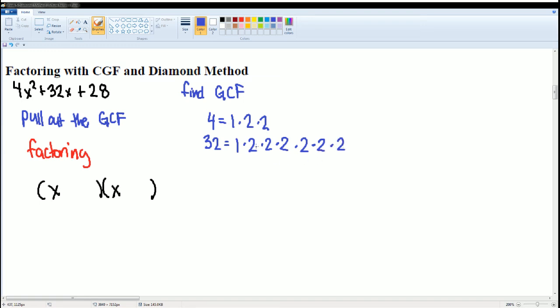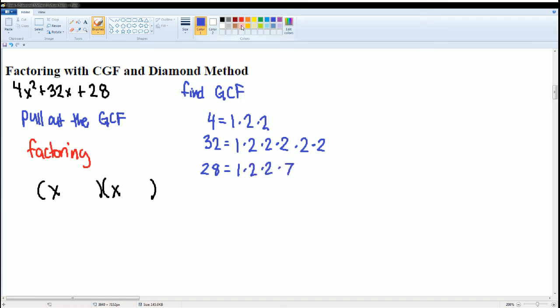That should be correct. I have an extra 2 here. Then I had 28. Okay, I had 1 times 2 times 2, which is 4, times 7.